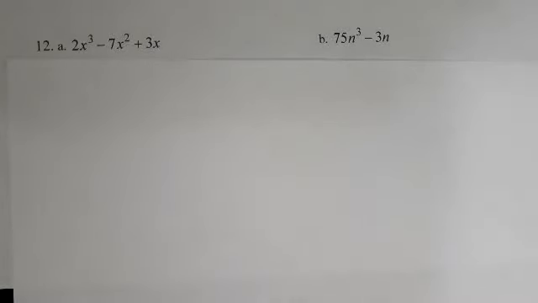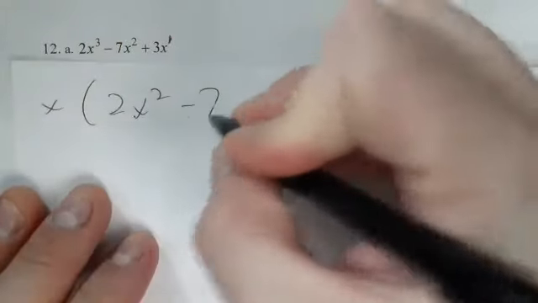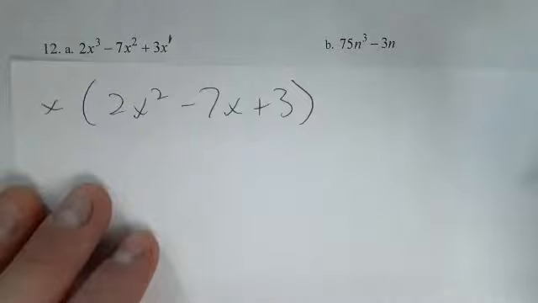The next thing I look at is my variable. So I can take an x out of everything here. If I take an x out of everything, everything is going to drop by a power of x. I'm going to have 2x squared minus 7x plus 3.